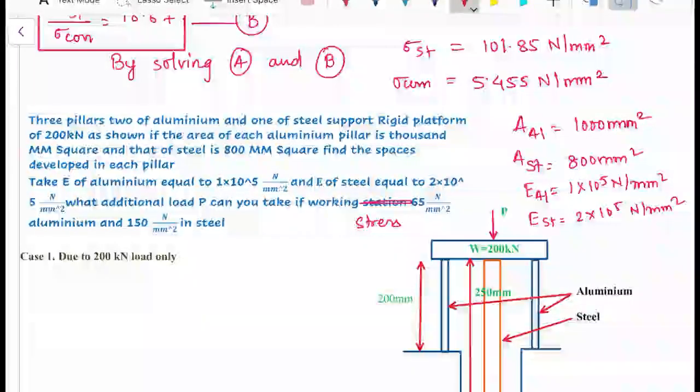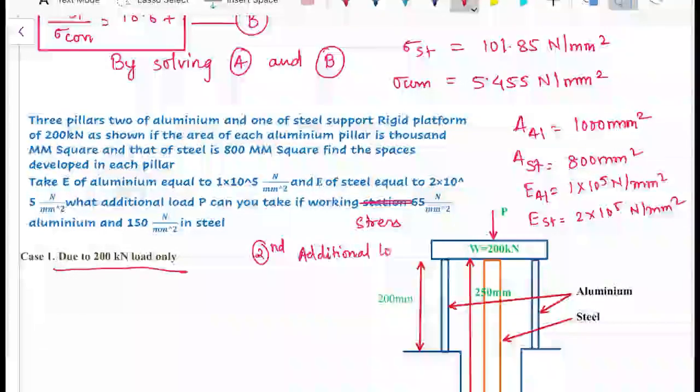First, with a load of 200 kilonewton, and second case will be for additional load. The first part will be the same as that of our first problem. So we will solve it first and then we will head towards the second part of this problem.